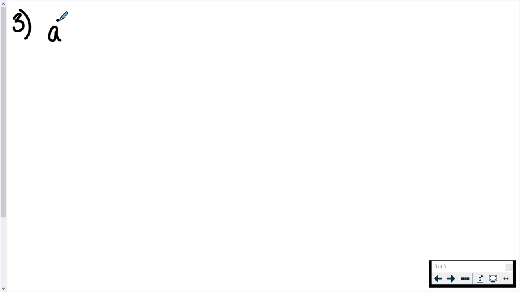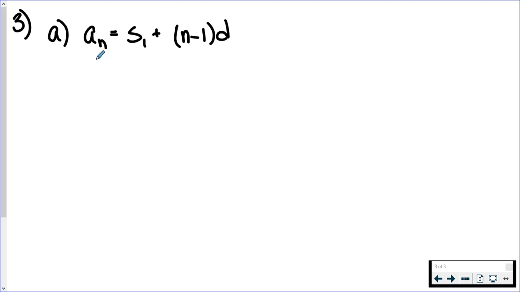Okay, so we know that a sub n is equal to a sub 1 plus (n minus 1) times D. And I think your formula book uses u sub n, but whatever. So we know that a sub 1 is 300.